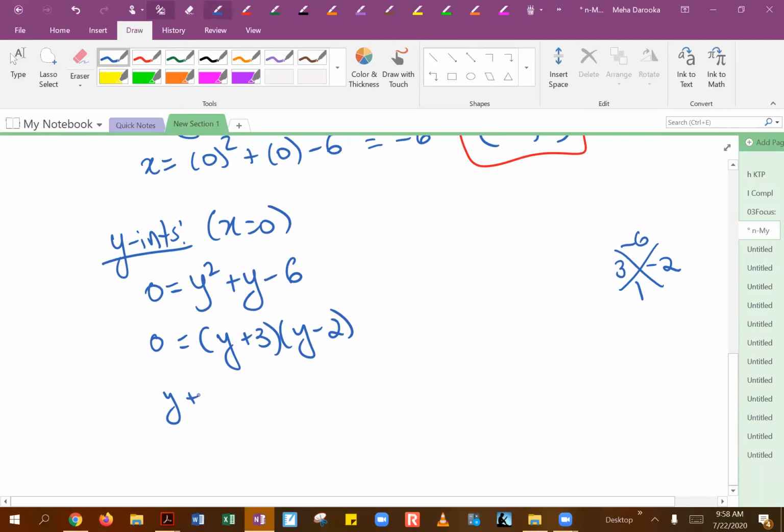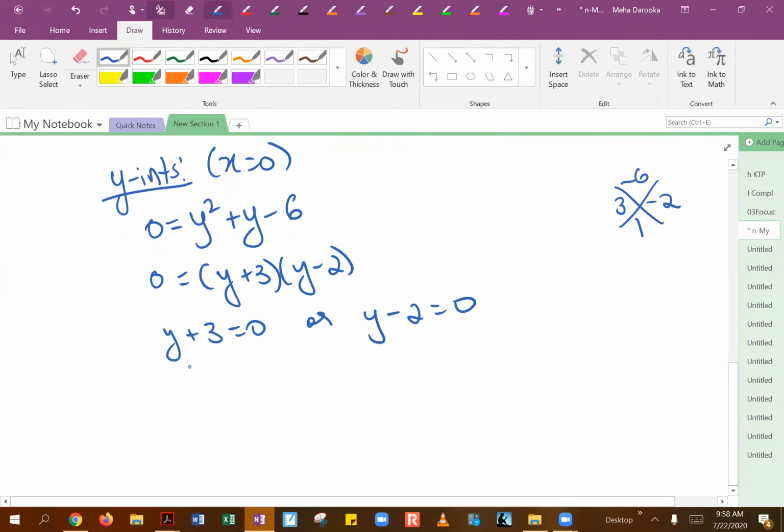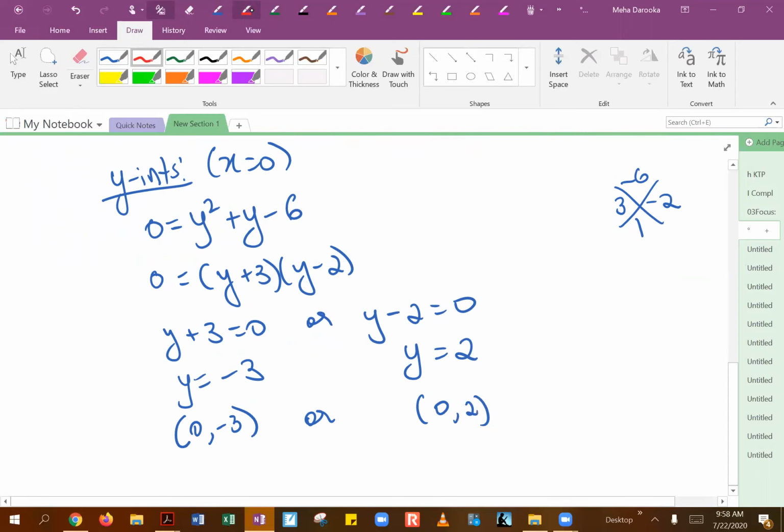Take each factor, set it equal to 0. And you have your y-intercepts. So this one here will give us negative 3. So that's 0, negative 3 as our y-intercept. And this one, of course, would give us y equals positive 2. So again, 0, positive 2 would be our y-intercept.